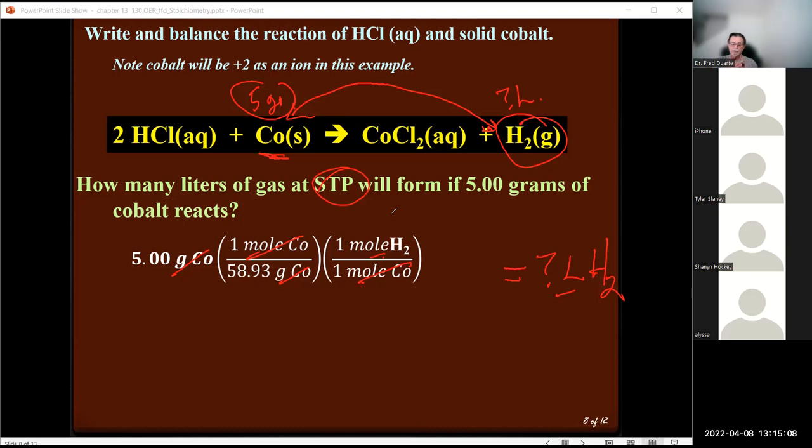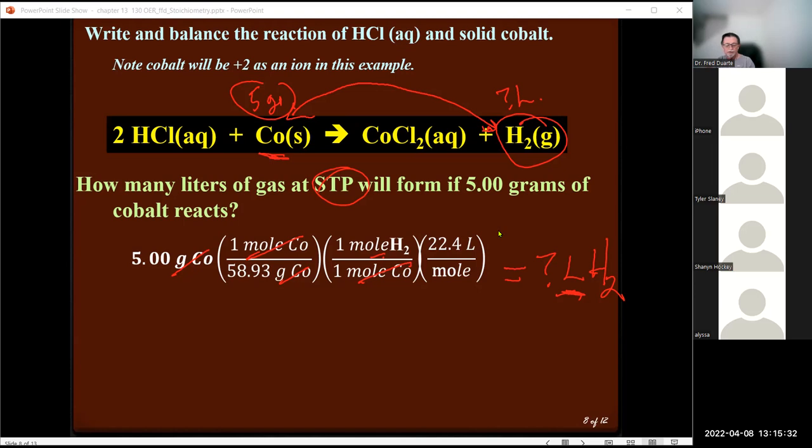So at this point, if I needed to stop the calculations, unit-wise, I would be at units of moles of hydrogen gas. Okay? But the question asks, I got to get to liters. So that means, and that I'm at STP, so I can then utilize that relationship of 22.4 liters per mole. Now, I could have been asked how many grams of hydrogen would that correspond to.